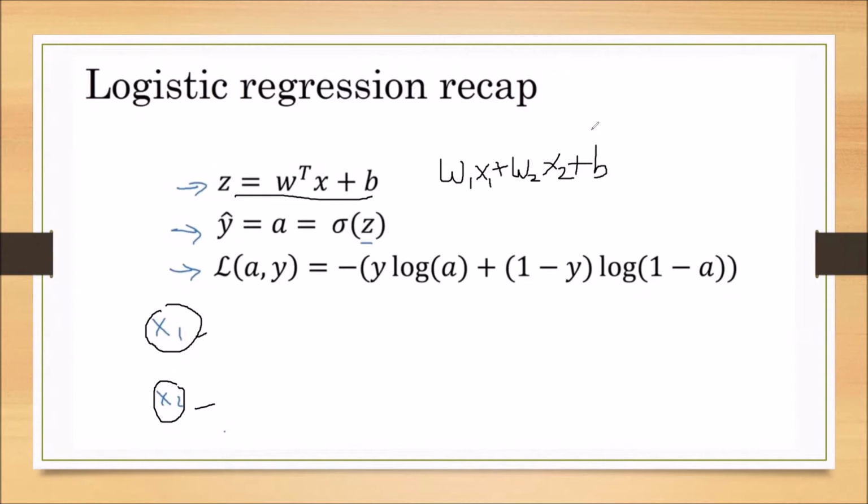Now by using this z, we are predicting the output as 1 by 1 plus e to the power minus z. This is what we call a logistic function. That's why this regression is called logistic regression.